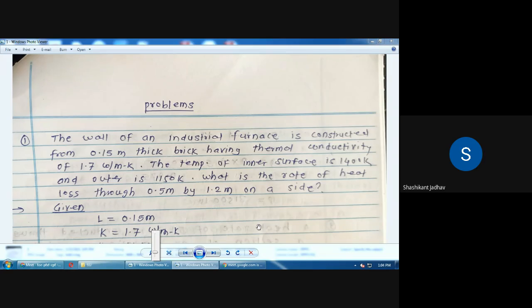Then what is given? The temperature of inner surface is 1400 Kelvin. Inside the furnace the temperature is higher. For that particular wall, heat transfer takes place from the inside wall to the outside wall. So inside wall temperature is 1400 Kelvin and outer wall temperature is 1150 Kelvin.